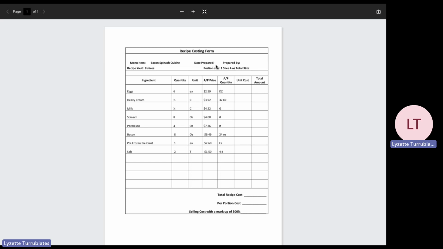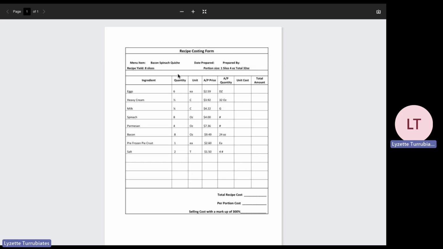We definitely want to write down the date that it was prepared, and who it was prepared by. Why? So that we can track the recipe, and we can also track the cost of our ingredients at the time, because we all know the economy can change and the price of our ingredients can change.